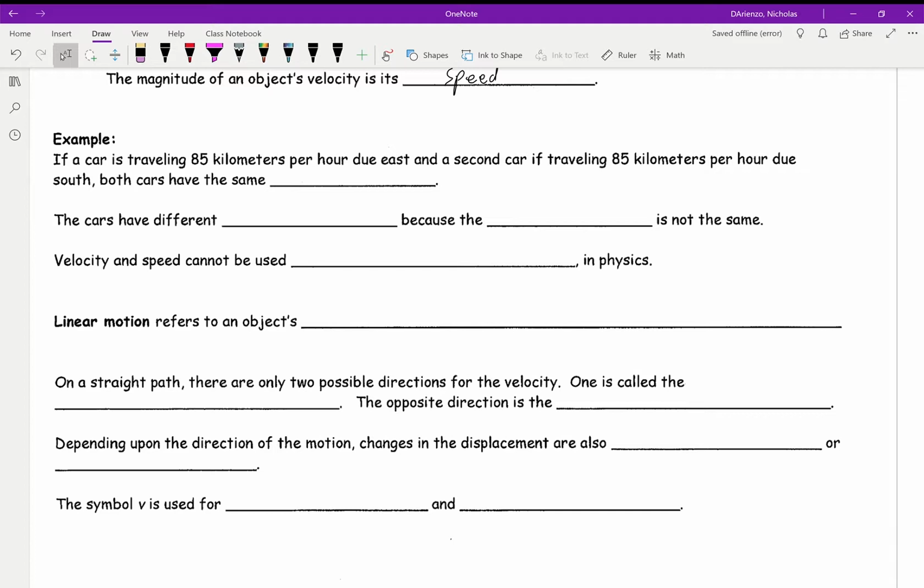So for example, if a car is traveling 85 kilometers per hour headed east, and a second car is traveling 85 kilometers per hour due south, both of these cars are traveling with the same speed. But even though they have the same speed, both cars have different velocities. And that's for one main reason.